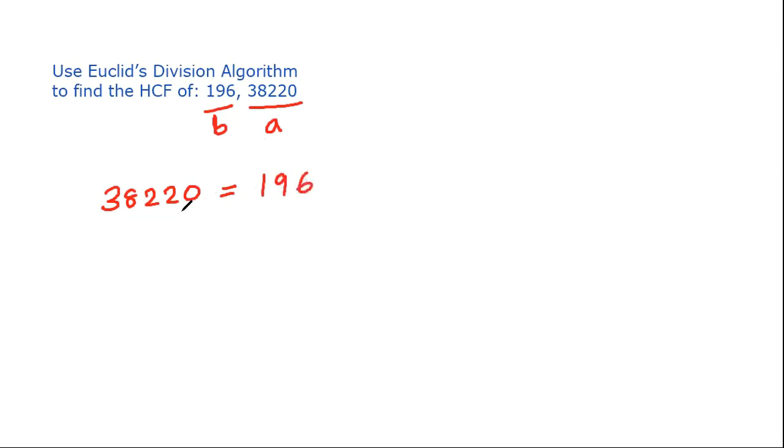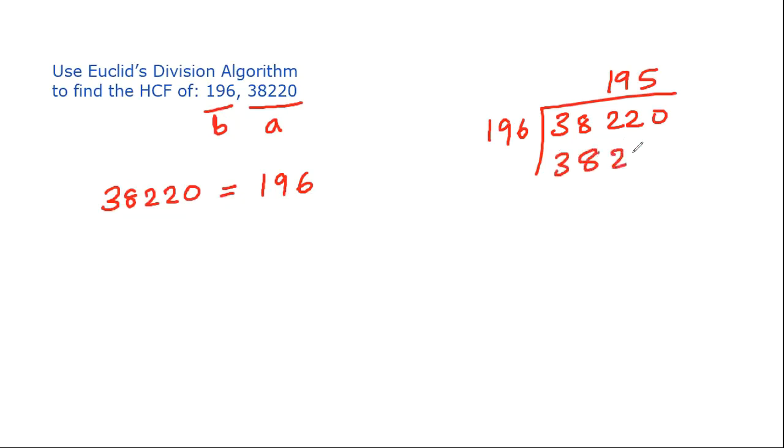So we are trying to divide 38,220 by 196. If you try dividing this, you will get 195. 196 times 195 gives this number 38,220, and the remainder is 0.